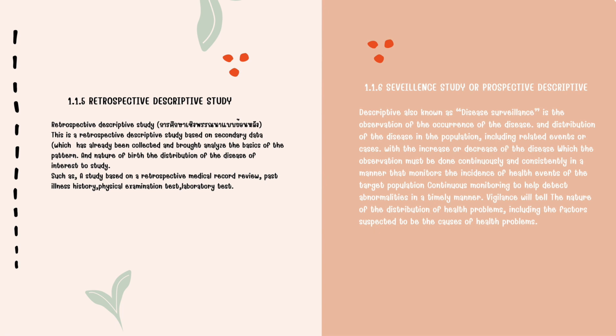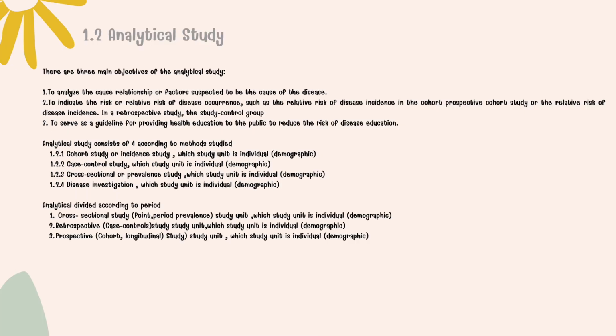Next, I will talk about the analytical study. There are 3 main objectives of the analytic study. First, to analyze the causal relationship or factors suspected to be the cause of the disease.